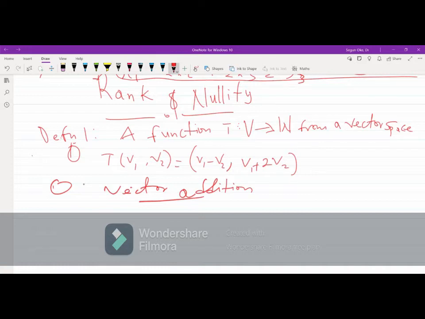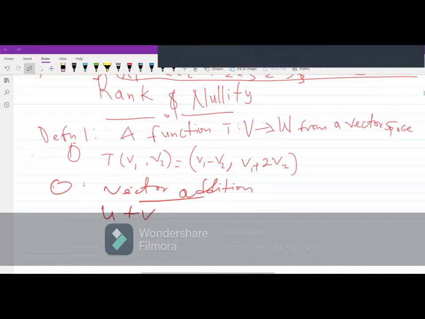Nobody will tell you to show vector addition first, but you yourself will know from the definition you memorize or you know from day one. So to show T of U plus V, we need to first of all show U plus V. But before then, let's define this, because some people will ask, where do you see U now? U is not part of it from day one. Let me erase it so that you will understand where I'm coming from.